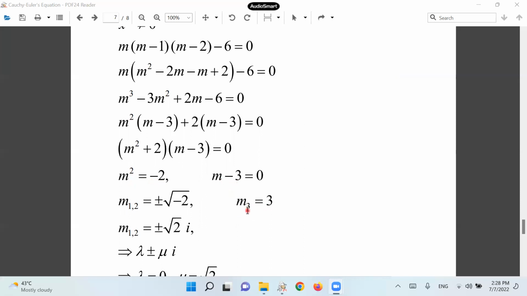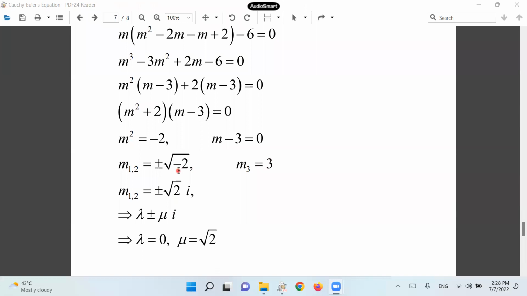So this will be m3, the third factor, equal to 3, and these two roots will be plus minus square root of 2 and plus minus square root of minus 2. So it will make it iota, a complex number.